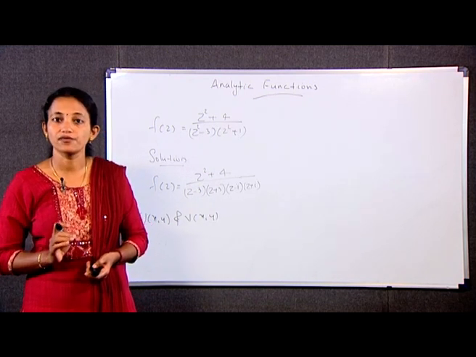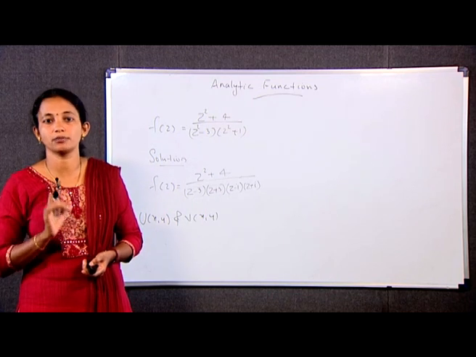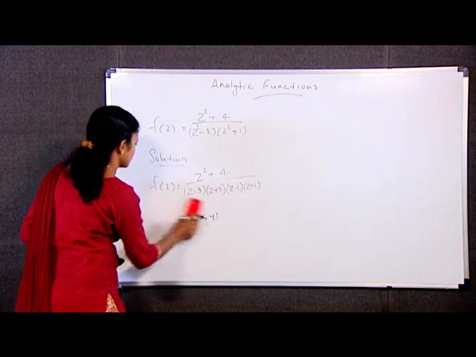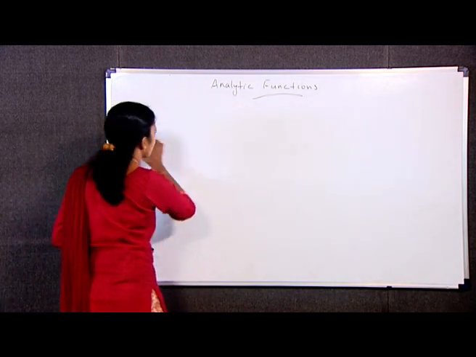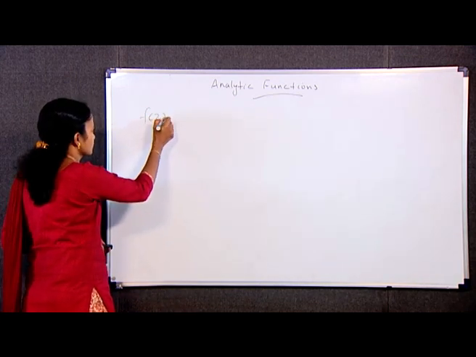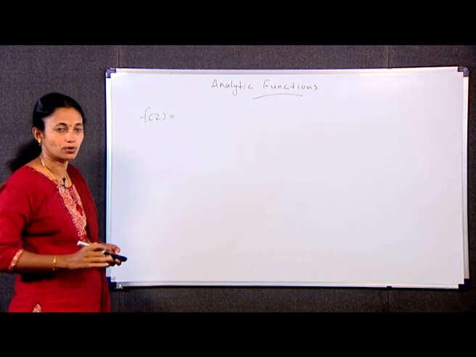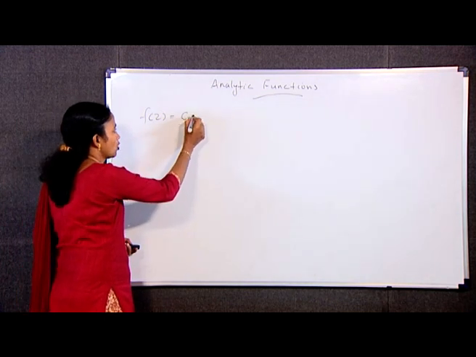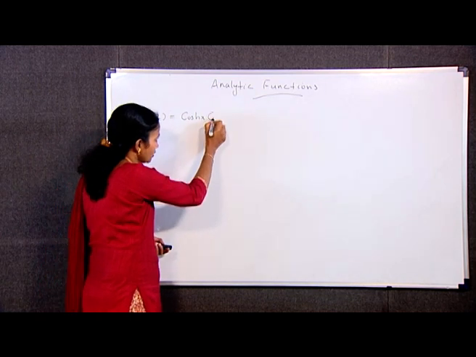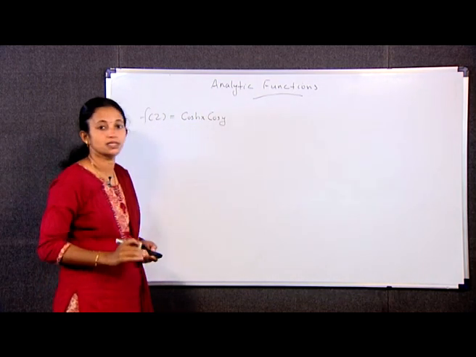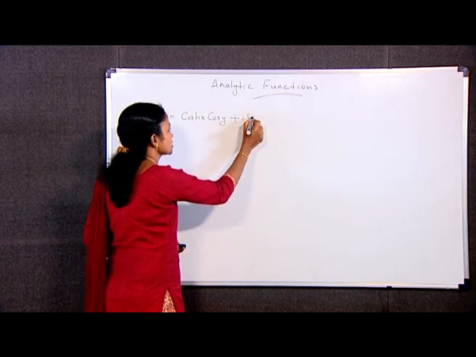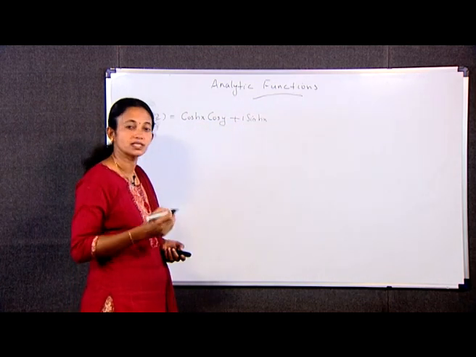Now, we have verifying analyticity using Cauchy-Riemann equation. We have an example. That is f(z) is equal to cosh x cos y plus i sinh x sin y.